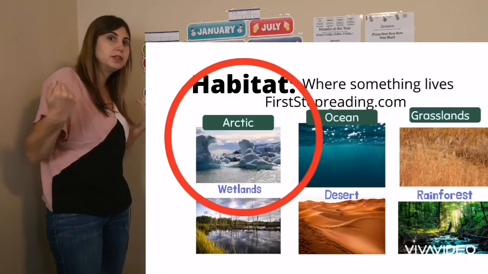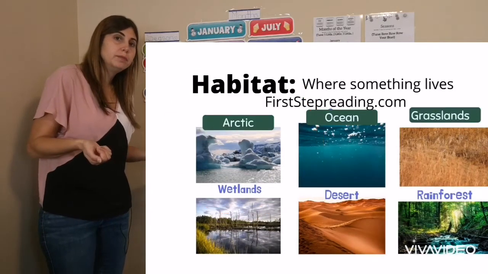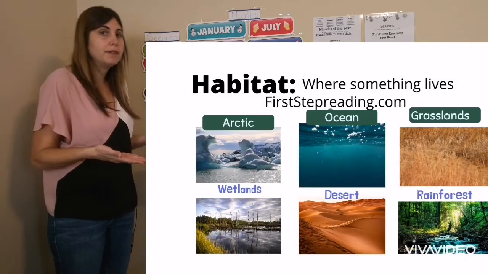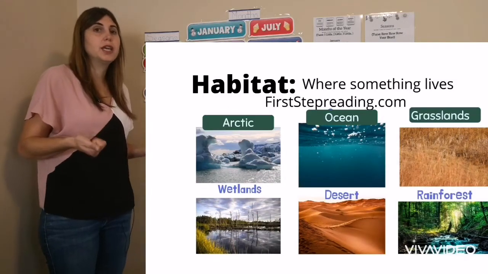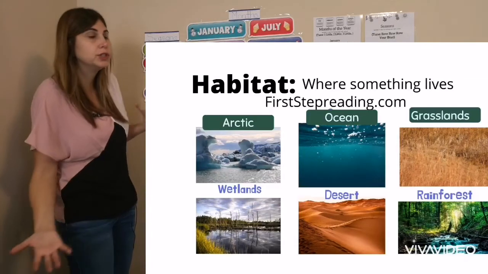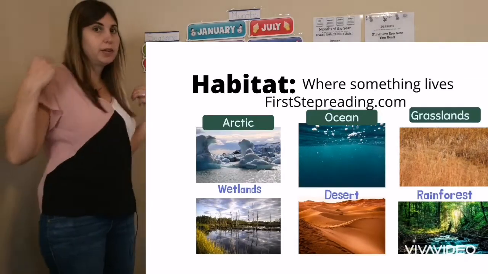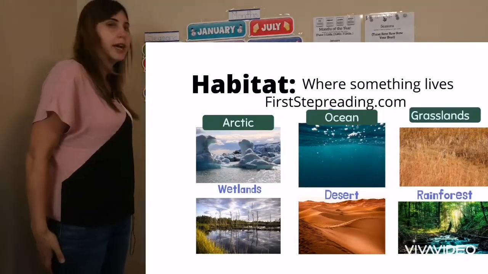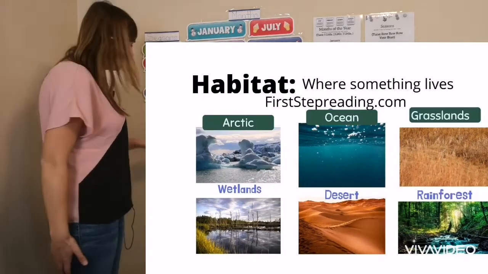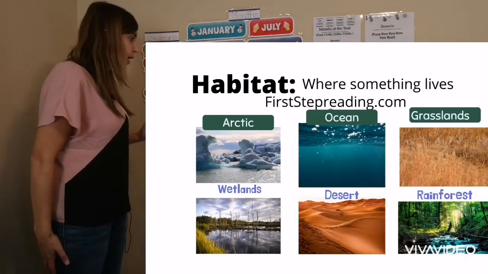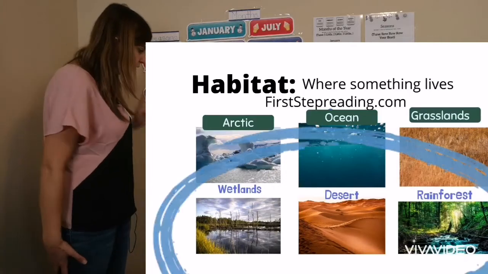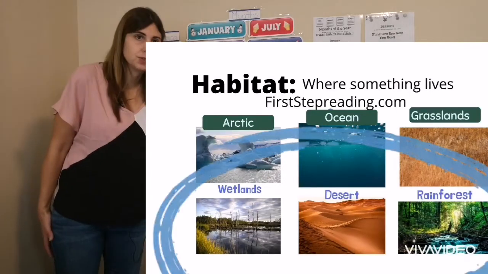So the animals needed to be very warm in order to live there. They needed to have either fat under their skin or fat under their skin and fur to stay warm because it's very cold in the Arctic and not many animals could live there. So we learned about the Arctic, and now we're going to learn about the rainforest, the wetlands, and the deserts.